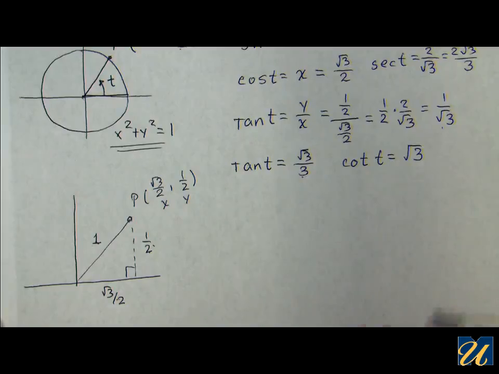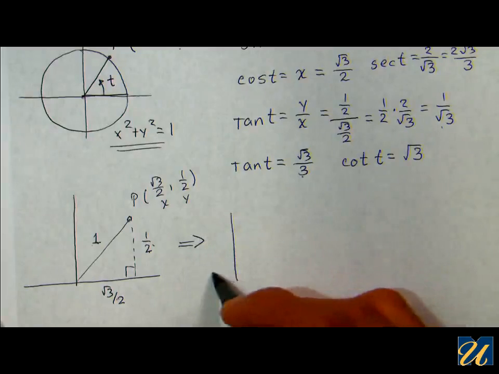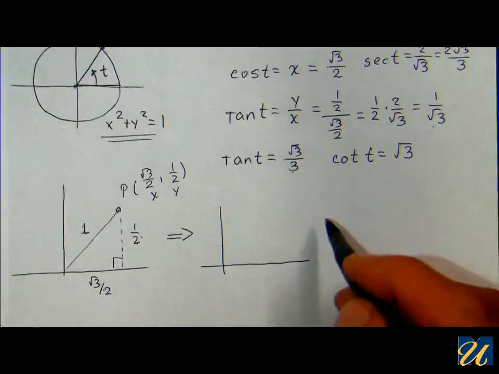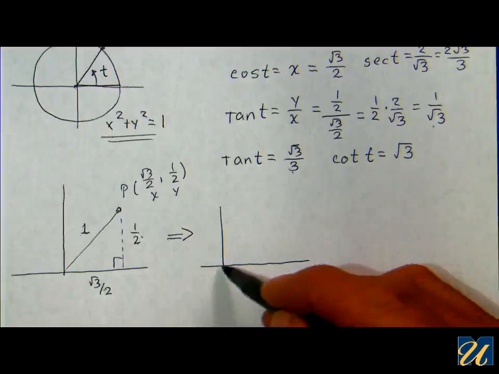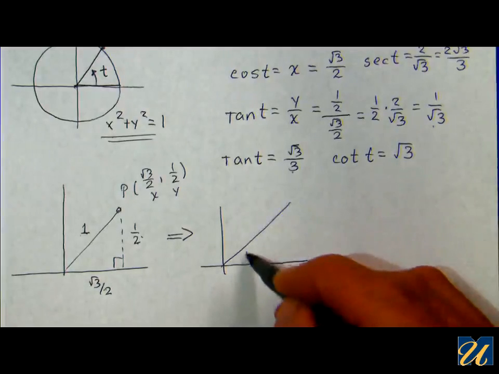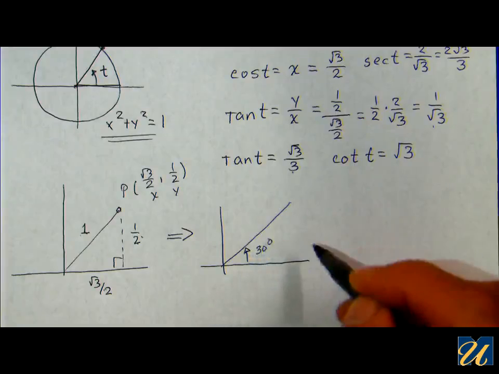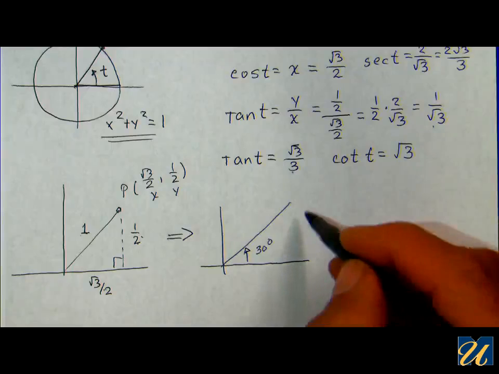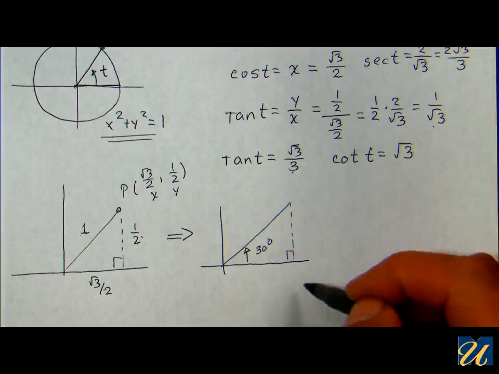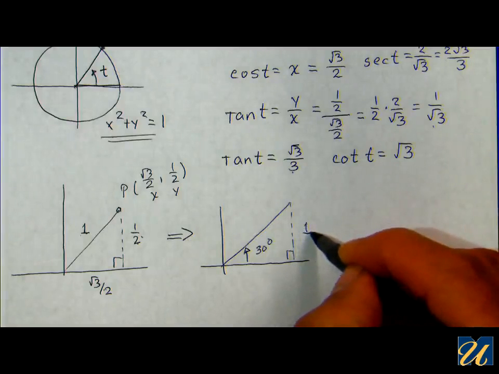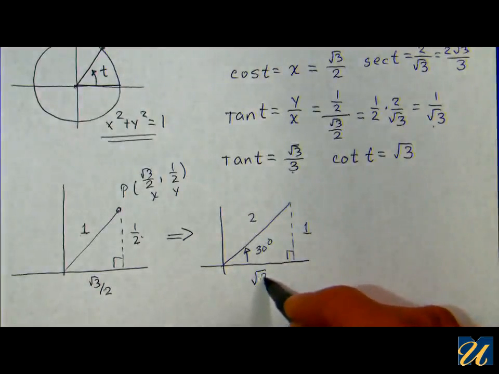Okay. Now, notice that this is equivalent to a circle, let's do something specific. Let's say that this is 30 degrees here. So if it's at 30 degrees, our right triangle definitions from before would give this a value of 1, this a value of 2, and this a value of root 3.